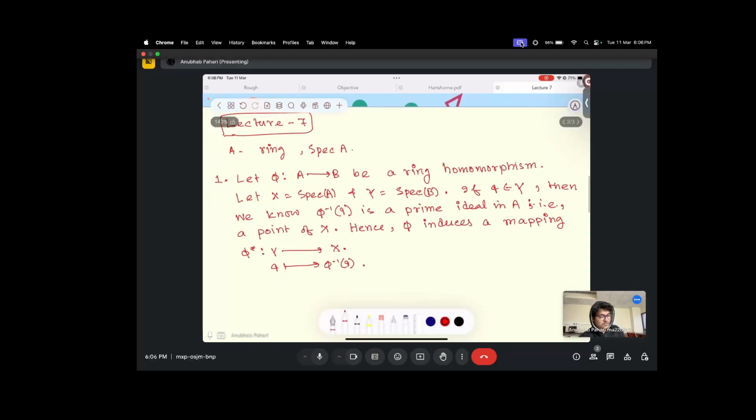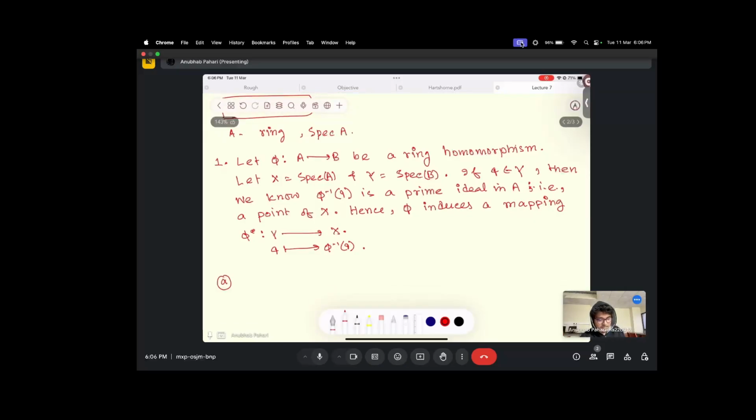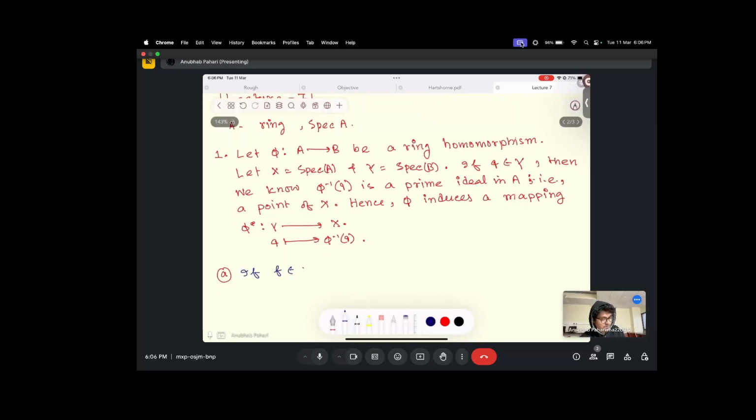So we'll be doing our first problem today, that is, if f belongs to A, then phi star inverse of X_f equals Y_phi(f).